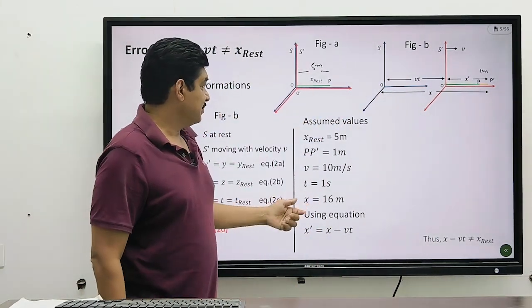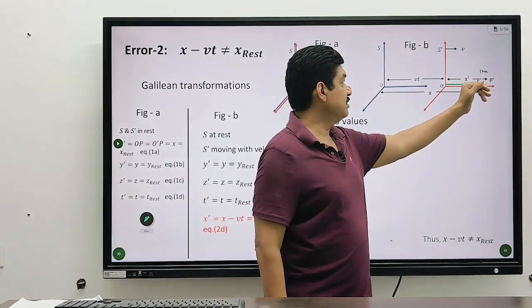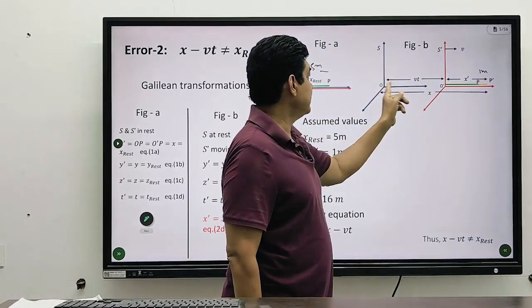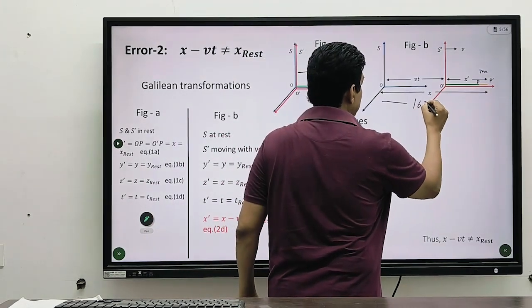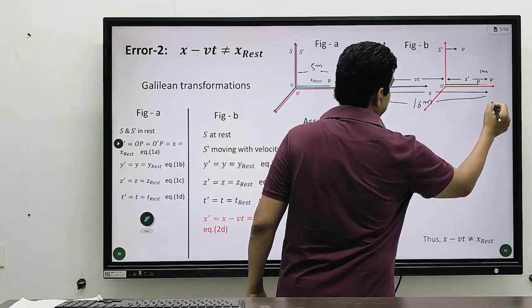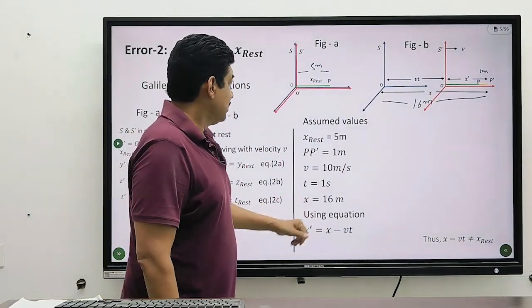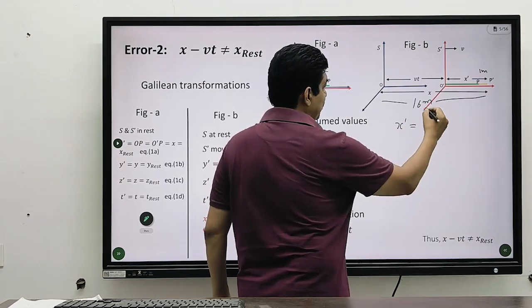Then x. When you send a probe, it will not give this position because the point P has already transformed to this position. So it will give the distance x, that is 16 meter. So you will get 16 meter distance from here to P prime. Right? Now when you use this equation, x prime is equal to x.